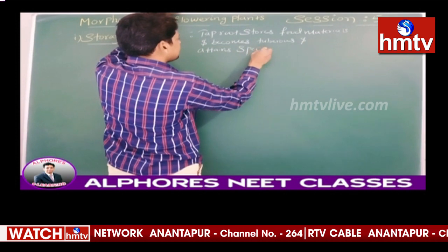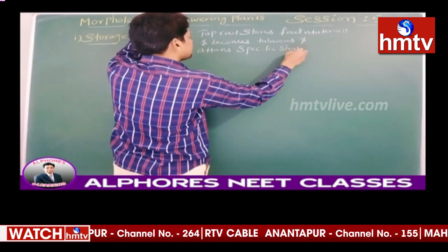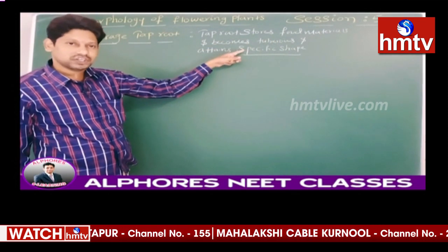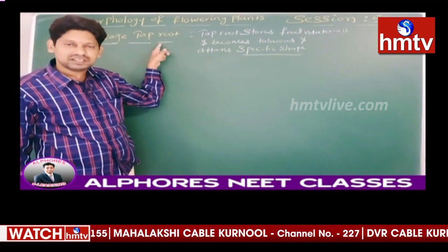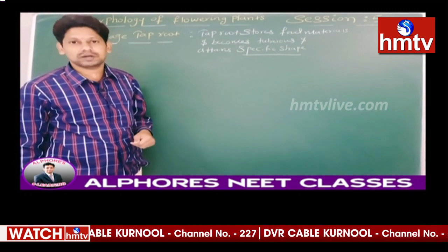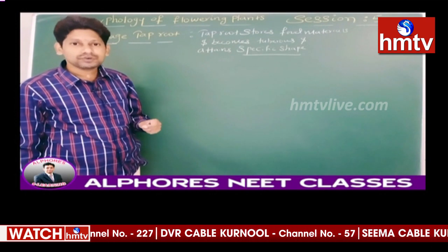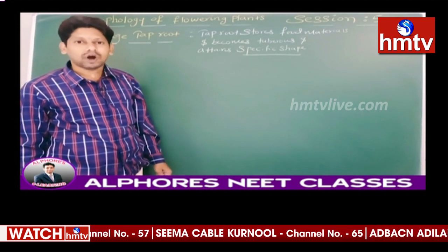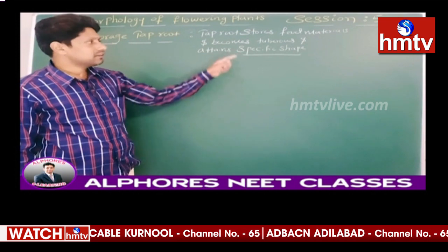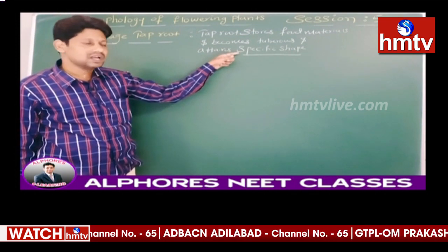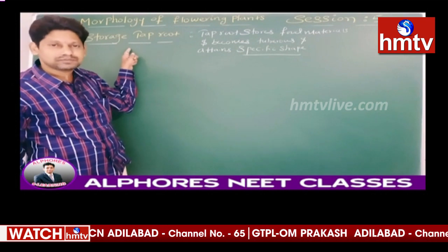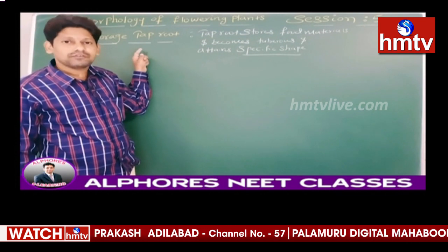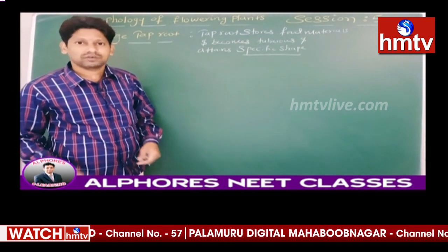Based on shape, storage tap roots are of three types: cone shape or conical shape, fusiform, and the third one is top shape.